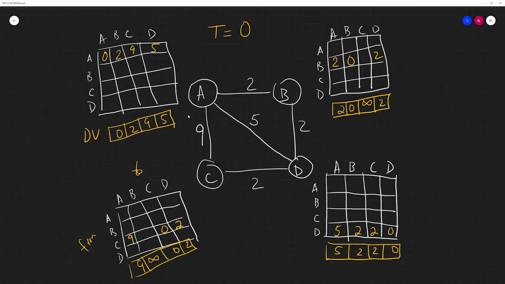Over here, B is not connected to C, so it has a cost of infinity. Inside of this table, I'm going to represent infinity as just a blank cell, and in the distance vector, I'll actually put infinity. Internally, inside of the router itself, because it doesn't know that C exists at this point, there's no actual column for C in the implementation version.